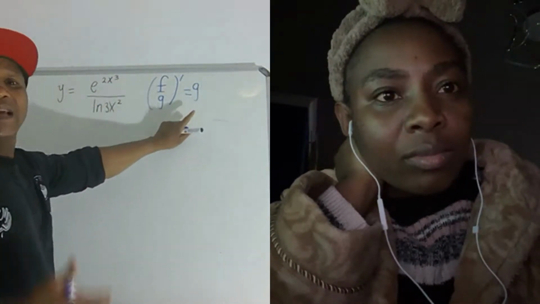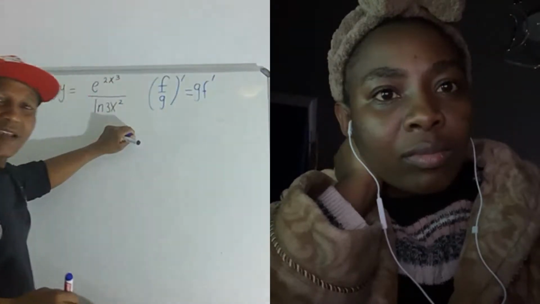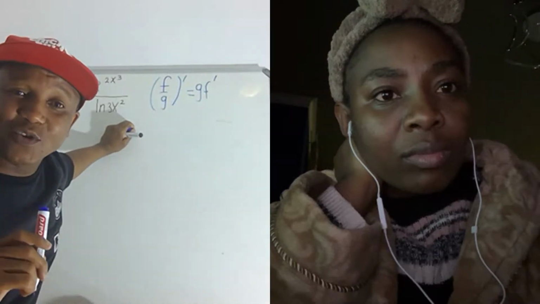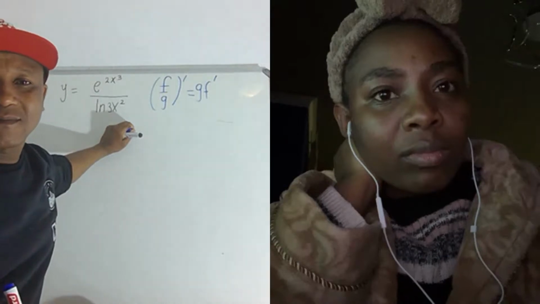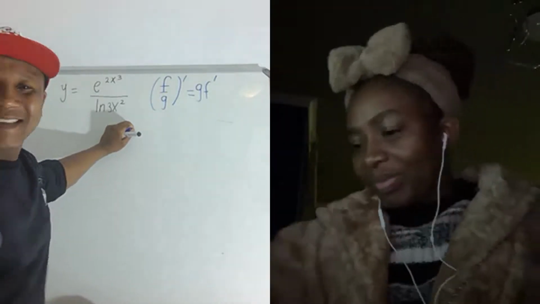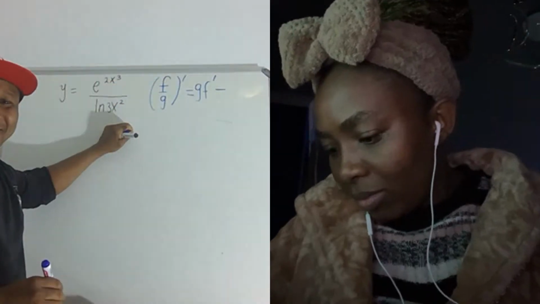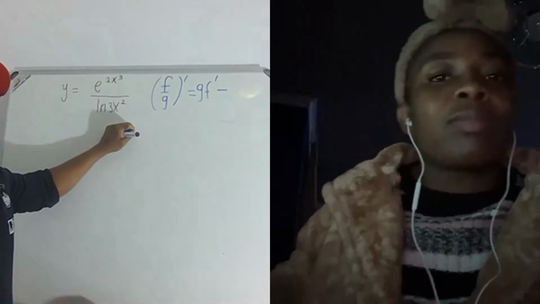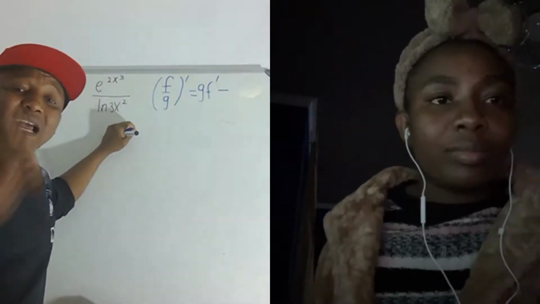Then the first one we differentiate. But now, since it's division, you say minus. You only minus, that's all. It's easy. We minus, and then we switch the parts. I always start with the second.